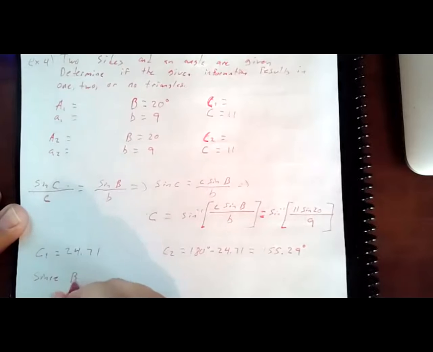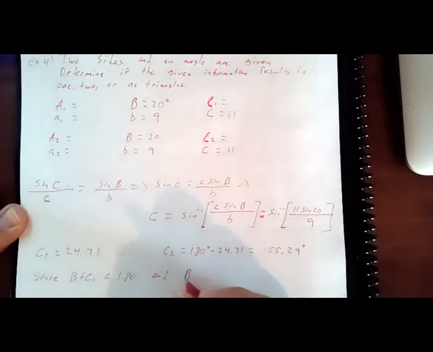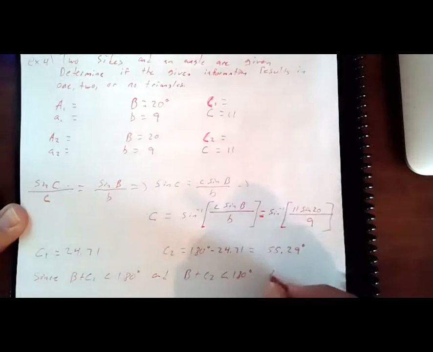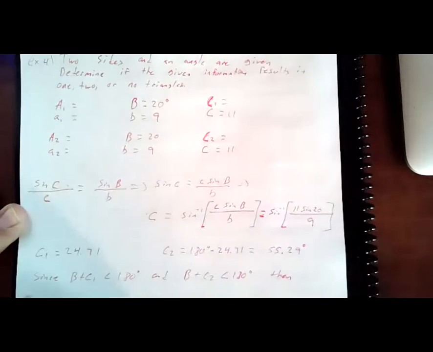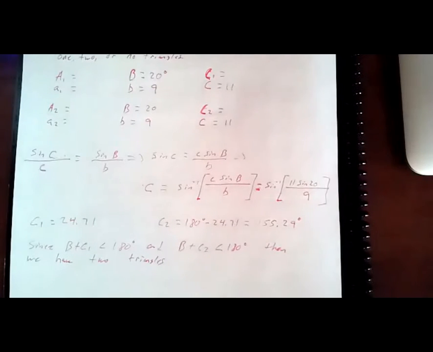Since B plus C1 is less than 180 degrees, and B plus C2 is also less than 180 degrees, then we have two triangles. Does that make sense, how you determine that?